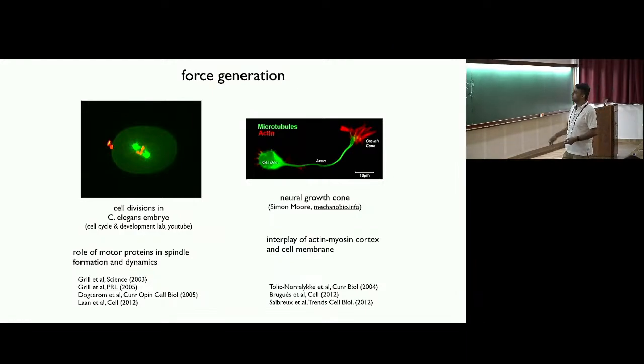So beyond transport, generating stress, they can do various things. For example, this cell division, you see here. These green things are the microtubules, and these microtubule structures are pulling the chromosomes into the dividing cells.